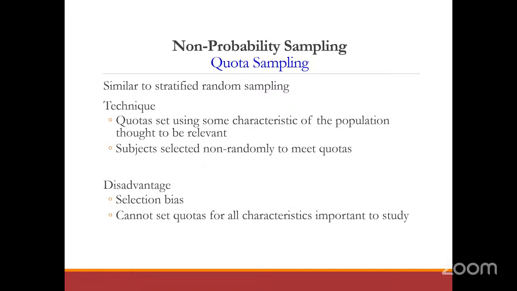Now I will say something about non-probabilistic sampling. That is quota sampling, mainly based on some specific characteristics of the people we want to study. Suppose we want to study school dropout candidates, or anemic women.